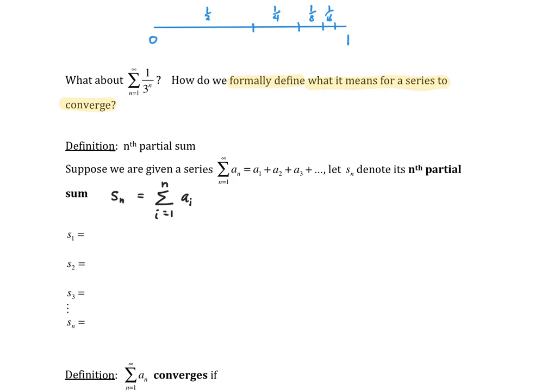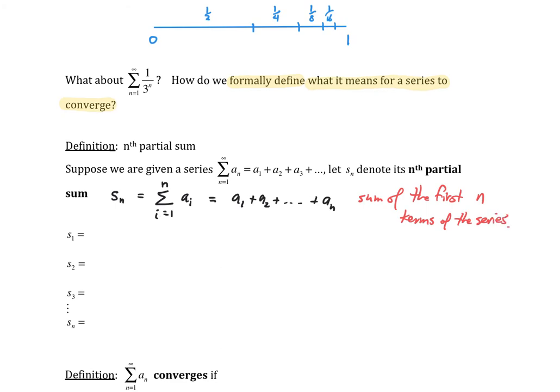Okay, so if I were to write it out, that would be a1 plus a2 plus and so on, and the very last term would be an. So this is the sum of the first n terms of the series. That's what it means.